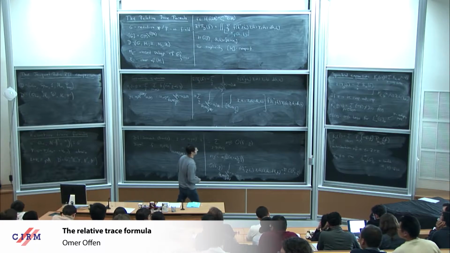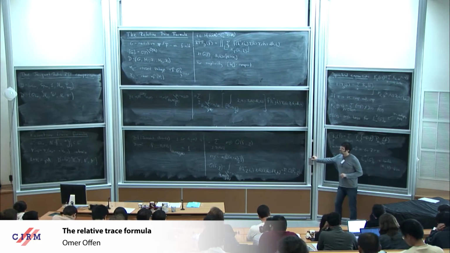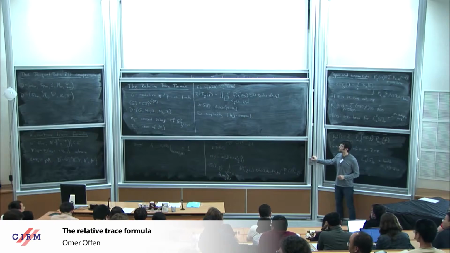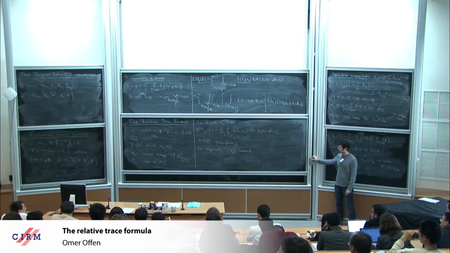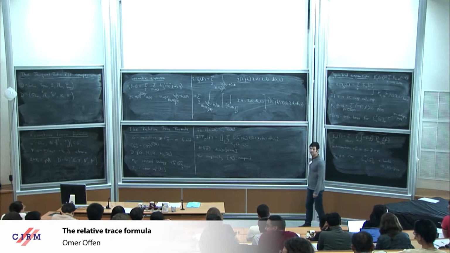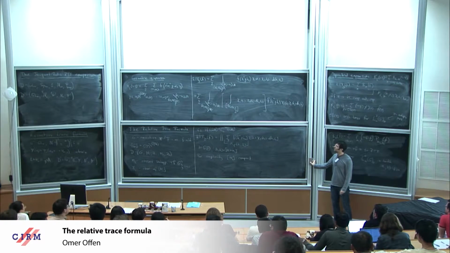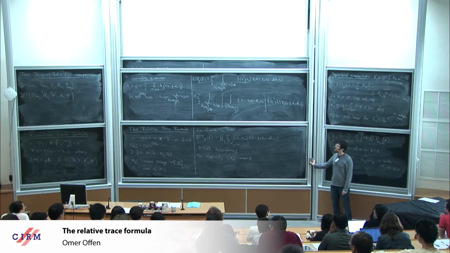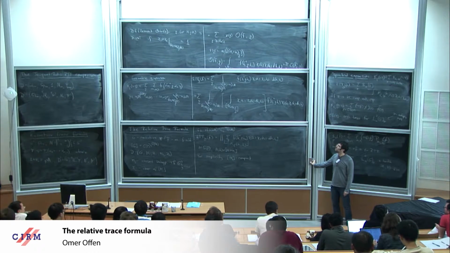So you can see that the geometric expansion is related with double cosets. In this case, this is related with the Bruhat decomposition, right? Yes. At certain points you need the volume of this H1 times H2 adelic quotient to be finite. So I cannot use too many pairs of H1 and H2.